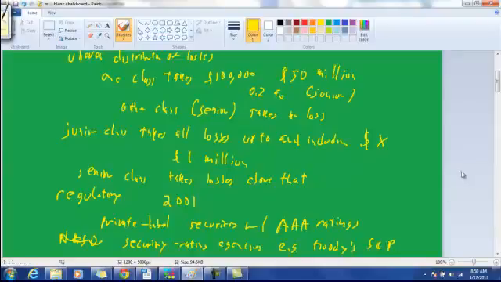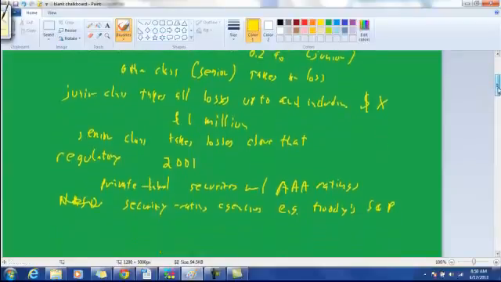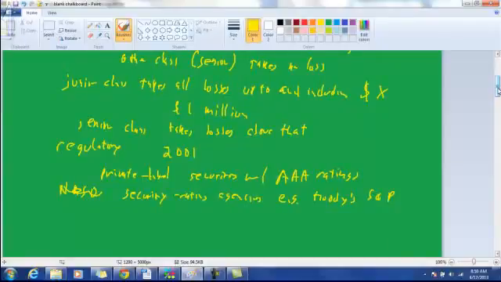And so they would rate these securities based on the class structure of the security.